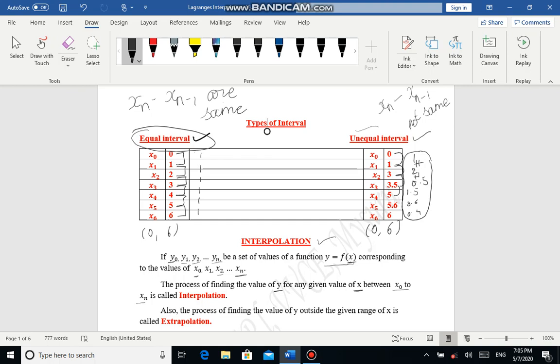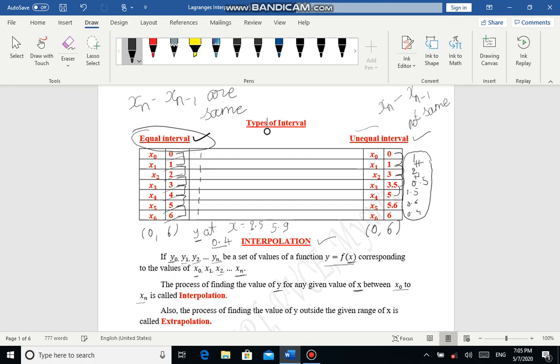Here I gave some examples. I will give the value of y when x is equal to 0. I will give the value of y when x is equal to 1. Similarly, for x is equal to 2, 3, 4, 5, 6. I will give the values of y at these points of x. But I don't know the value of y at x is equal to 2.5, because in the table I'm not giving the value of y when x is equal to 2.5 or 5.9 or 0.4.